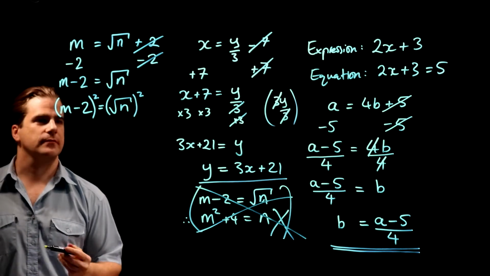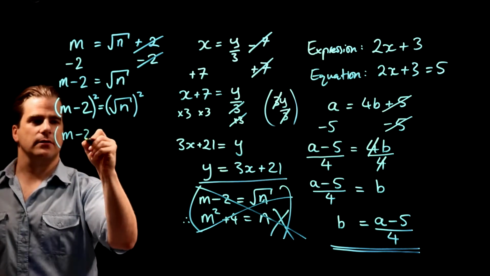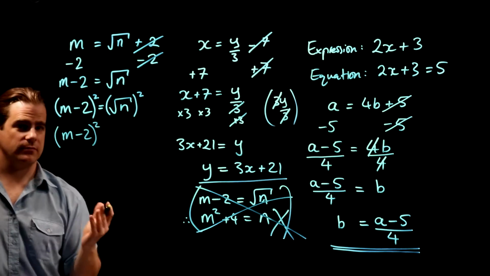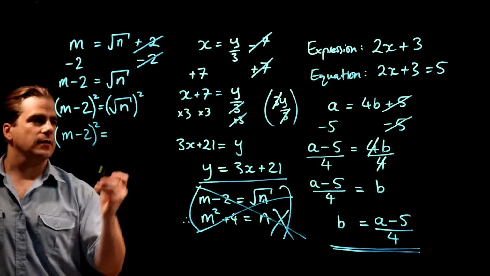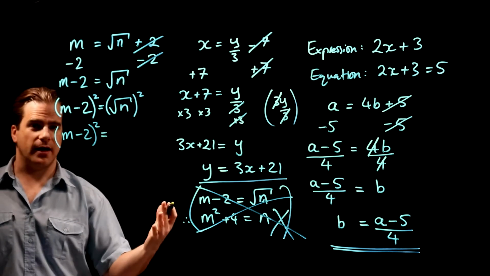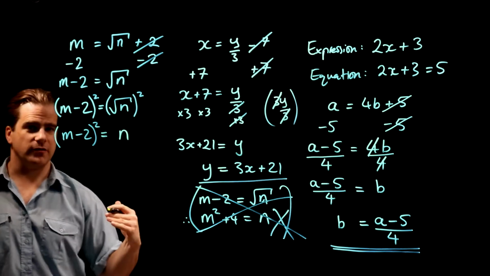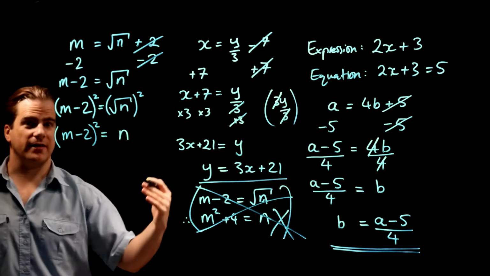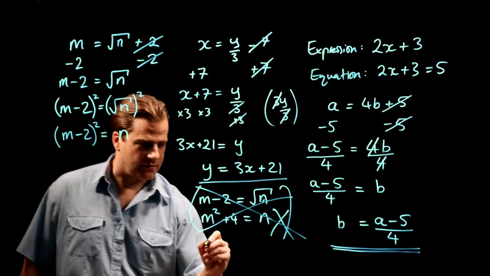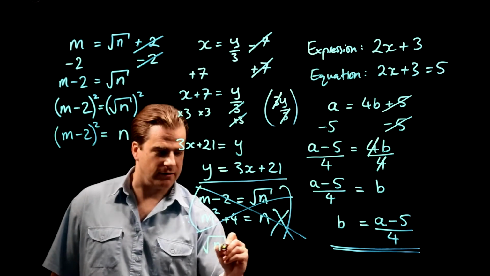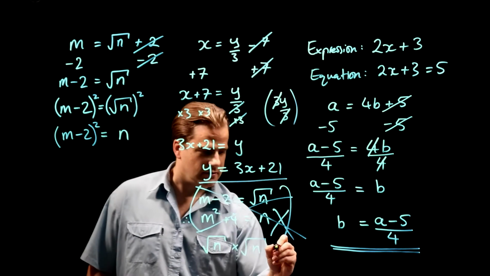Anyway, what have we got? Well, m minus 2 squared. I'm just going to leave it like that. Nothing wrong with that. It's as simple as it gets. Equals the square root of n, all squared, is just n. You square root something, and then you square that, you're back to where you started, which is n. So the square root of n times the square root of n is just n.